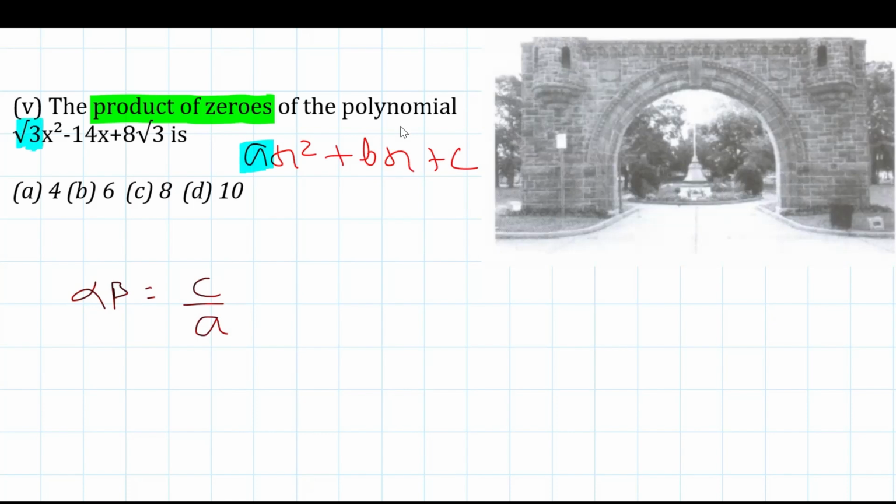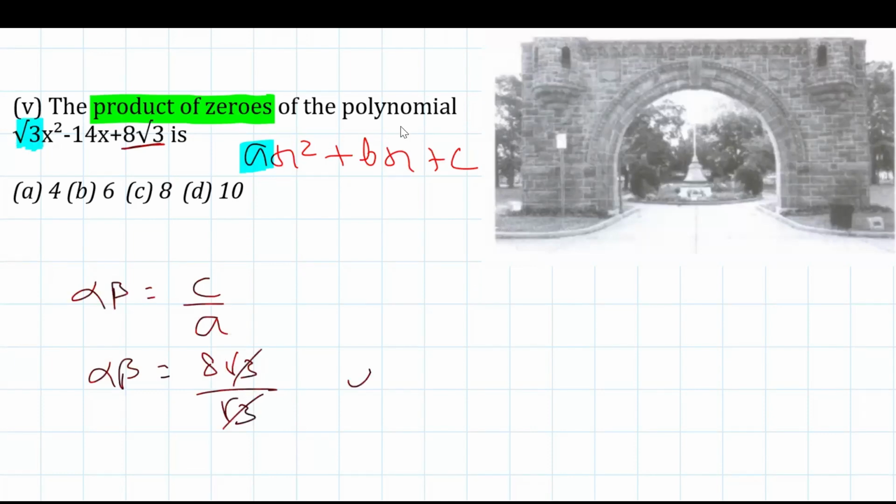A is under root 3 and C is 8 root 3, right? So I can write that the product of the zeros, which is alpha beta, is C over A. Here C is 8 root 3 and A is under root 3.